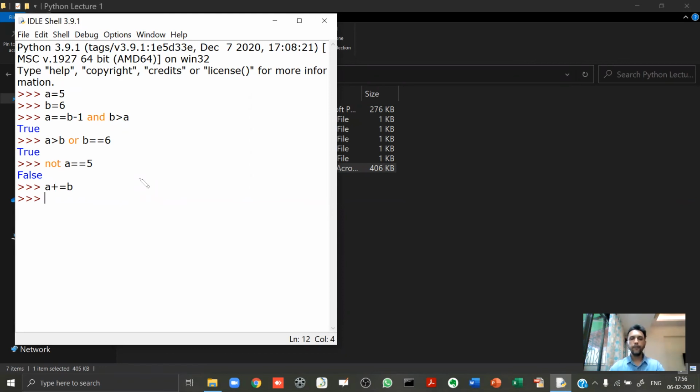So if I write print a, you'll get 11. Once again, a plus equal to b means a equal to a plus b. So a plus b will take place and the result will be stored in a. So that's why when you do print a, the answer will be 11. Now I'm sure you already know this. So this was the assignment operator.